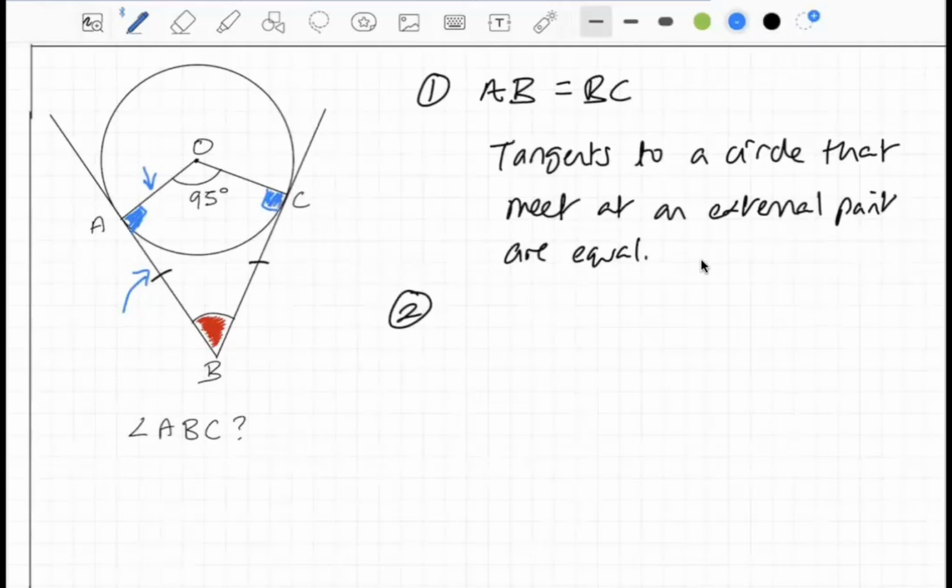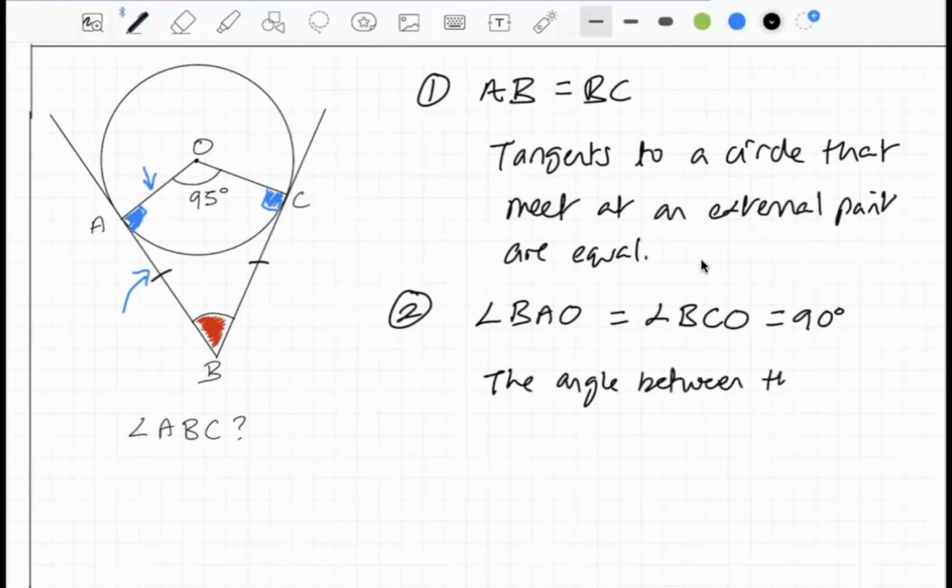So these two angles here, angle BAO and angle BCO, are equal, and they're both equal to 90 degrees, using the circle theorem that the angle between the radius and tangent is 90 degrees. Okay.